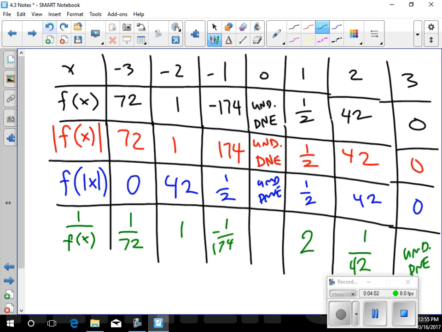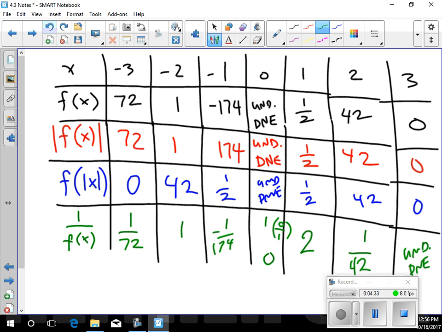Whereas 1 over undefined becomes, okay, careful here, 1 over 0, right, becomes 1 times 0. Instead of dividing by a fraction, multiply by its reciprocal. So if I multiply by its reciprocal, I get 0. Oh my goodness. You're going to see what happens there as we graph these.